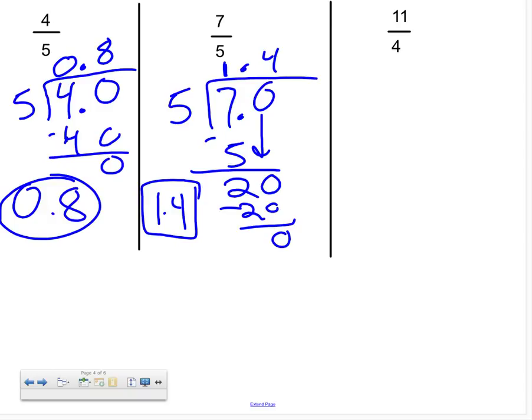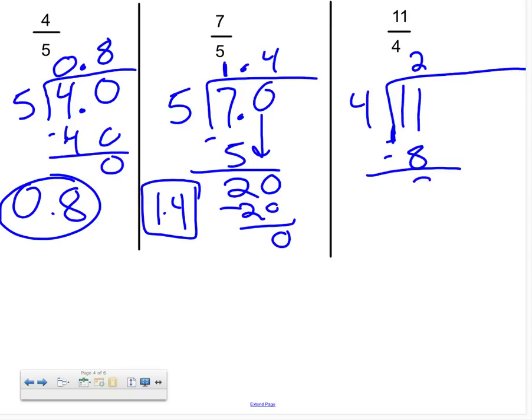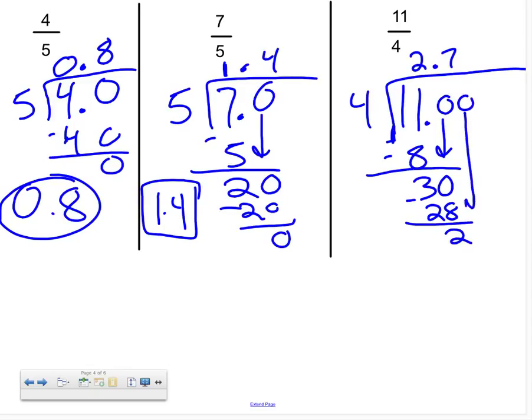Let's try the last one here, 11 divided by 4. Again, 4 actually does go into 11 and manages to go into it a total of 2 times. Whoops, I wrote an extra subtraction there. 11 minus 8 is 3. Ran out of numbers, so decimal, decimal, 0, and drop. 4 goes into 30 a total of 7 times. 0 and drop.